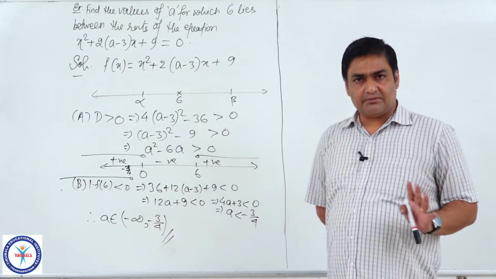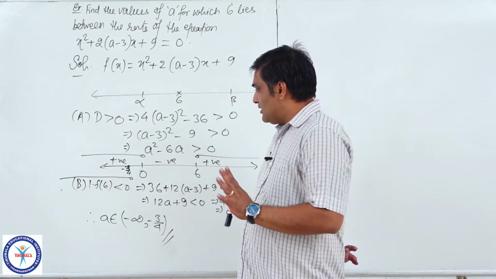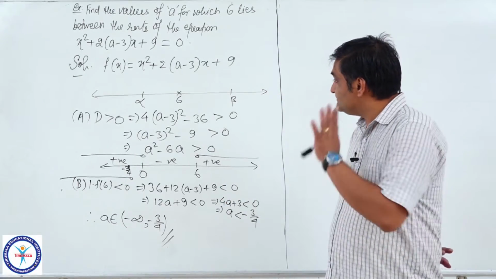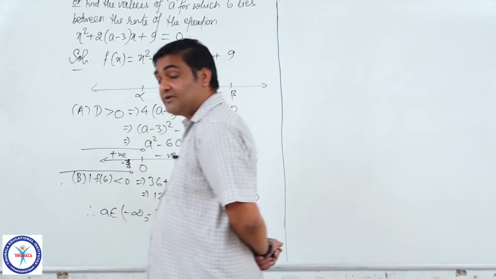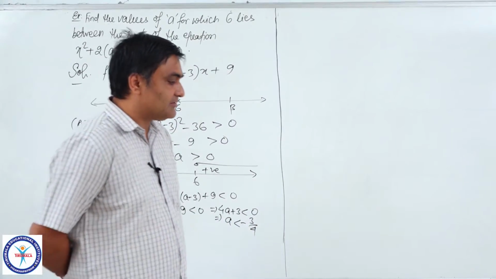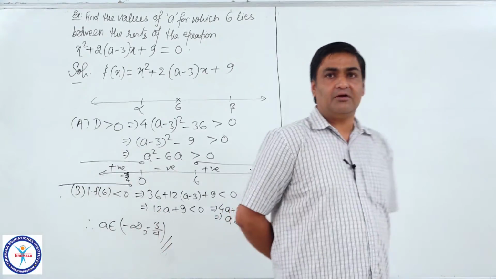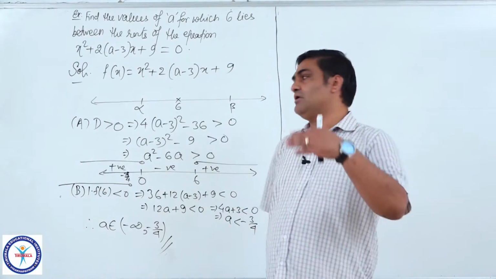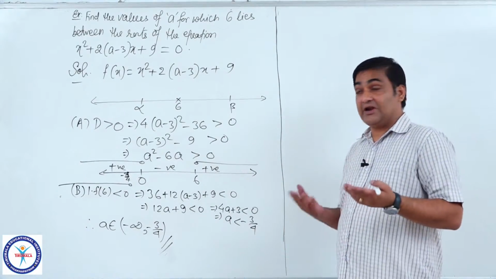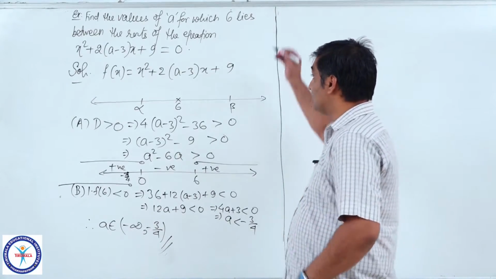It will be clear. I will tell you after a while. But for now, you have to check the condition for discriminant everywhere, greater than 0 and in some cases greater than or equal to 0.